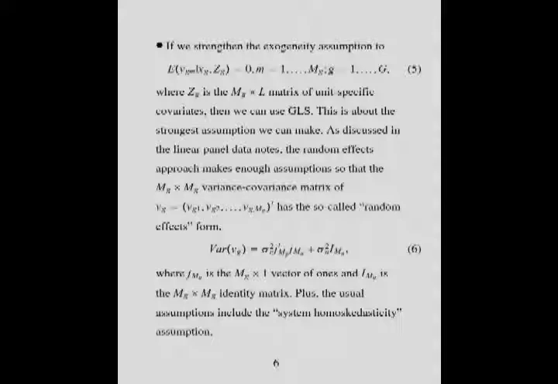So if we're going to estimate random effects and then use the standard errors and test statistics that are reported as a default, then we have to assume the so-called system homoscedasticity assumption, which means that the conditional variance is equal to the unconditional variance, and in addition, that the unconditional variance has the structure in 6.